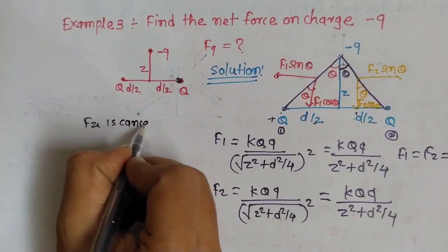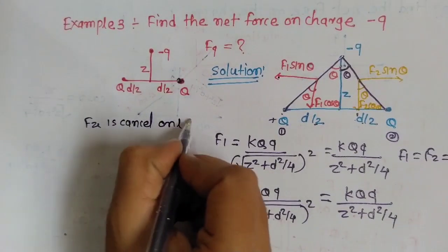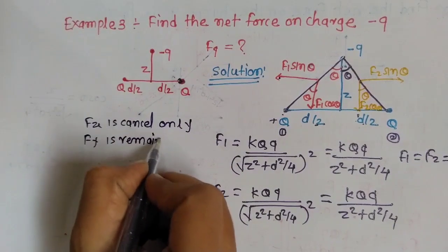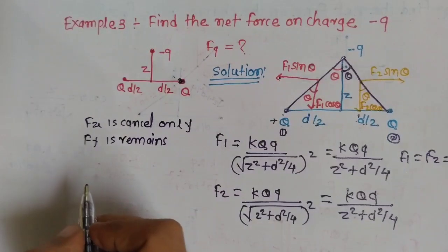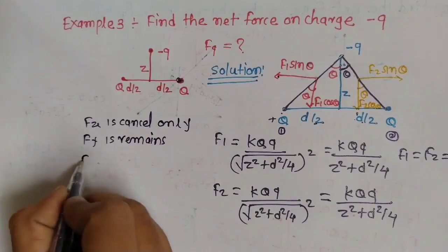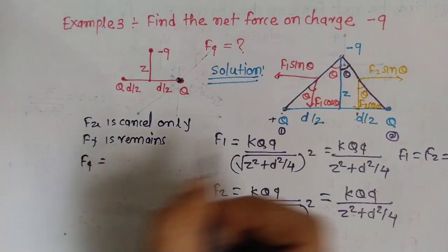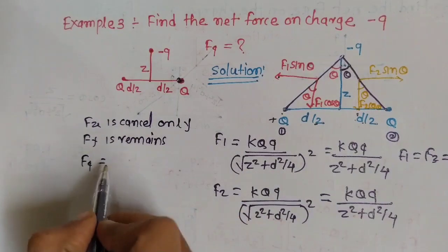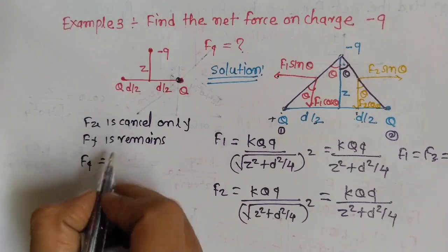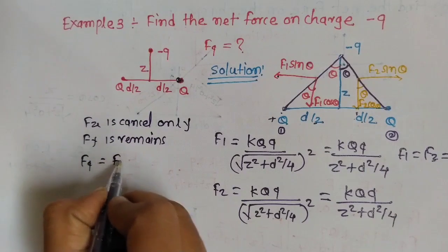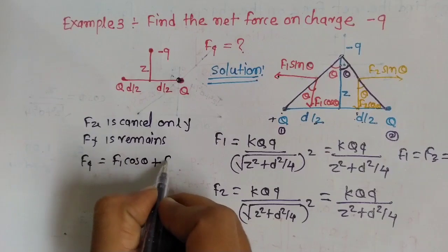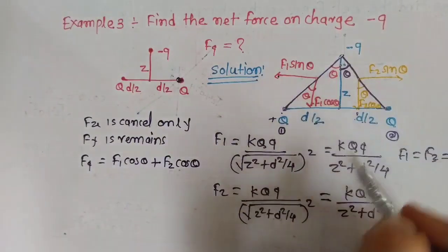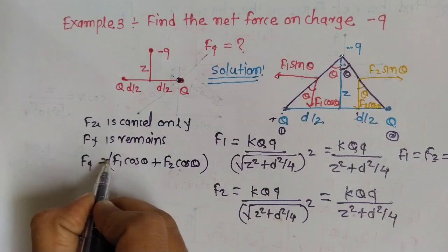The Fx cancels, so only Fy remains, and the cos component is in a downward direction, therefore it has a negative sign. The force Fq is equal to F1 cos theta plus F2 cos theta, and they are both in a downward direction, so they have a negative sign.